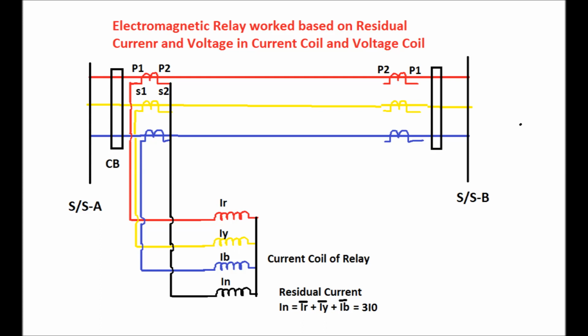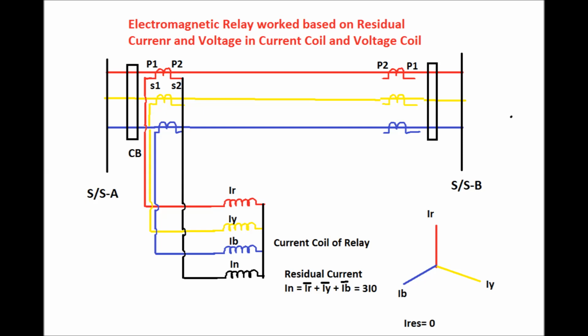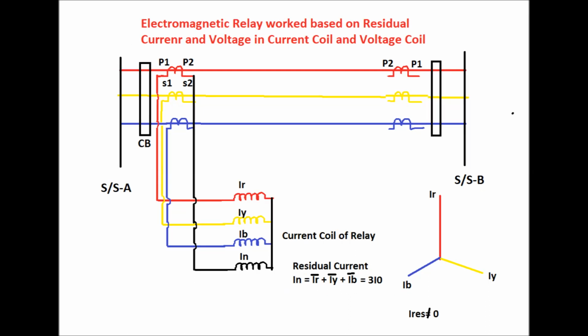That is, the residual current IN is equal to the vector sum of the three phase currents, that is IR plus IY plus IB, which is equal to 3 times the zero sequence current. Under balanced or normal condition, the residual current is 0.